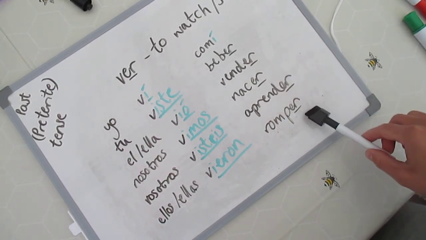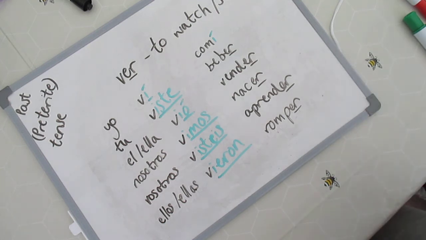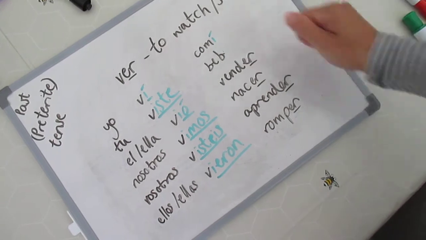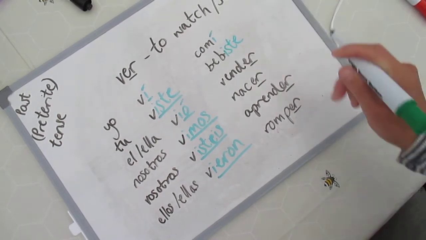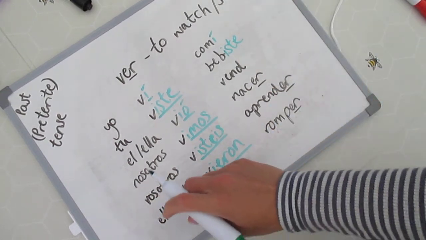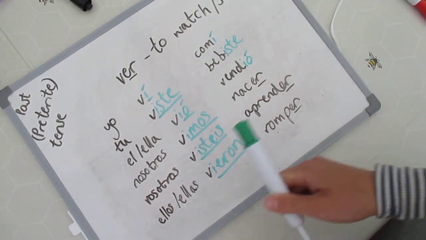So have a go at those, take the endings off, add the other endings, just pause the video and then unpause it when you're done. So for beber in the tú form, we'd take off that ER and add iste, so it becomes bebiste. Vender, to sell, take off the ER, we want to say he or she sold, so we would add ió.